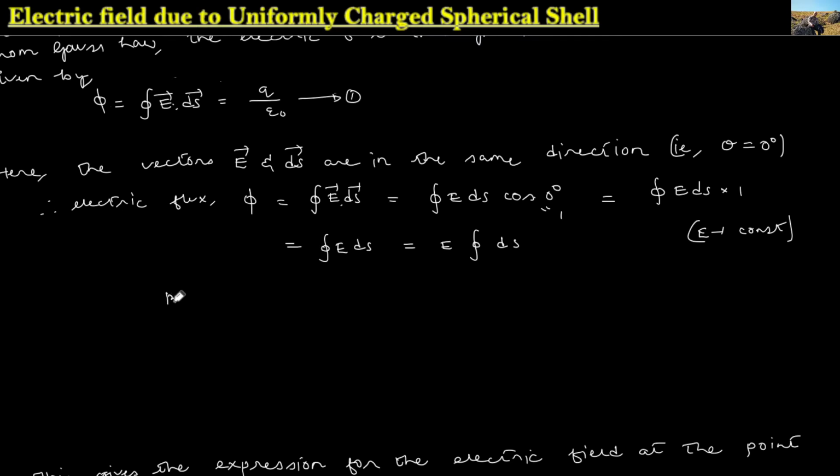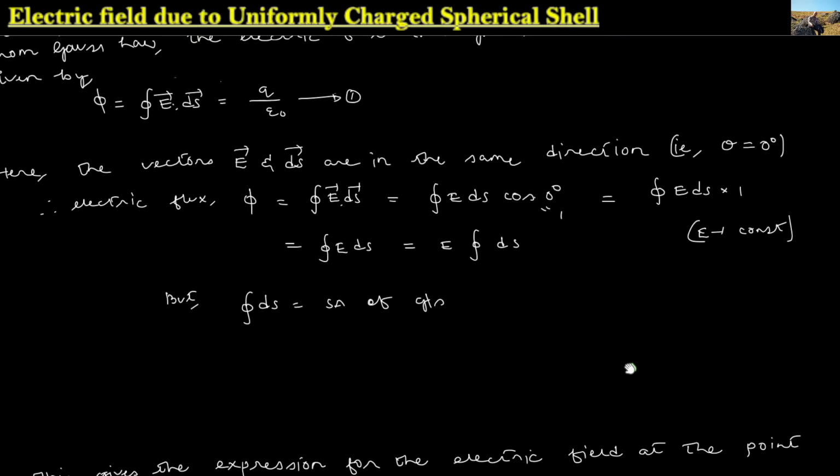Also, when you look closely, we have to solve what is this closed integration of ds. This closed integration of ds means it will be the surface area of that Gaussian surface.